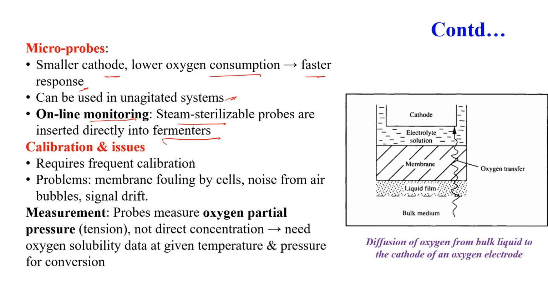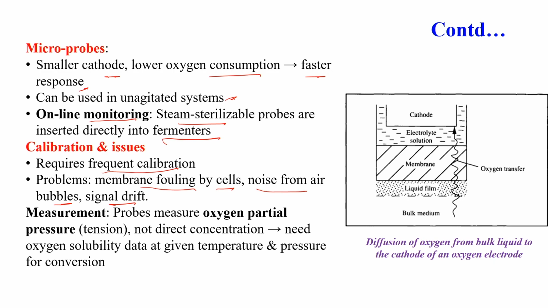Here are a few other important points. This requires frequent calibrations, and there are challenges like membrane fouling by cells, noise from the air bubbles, as well as some signal drift.